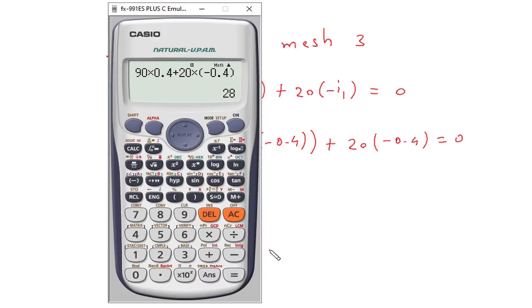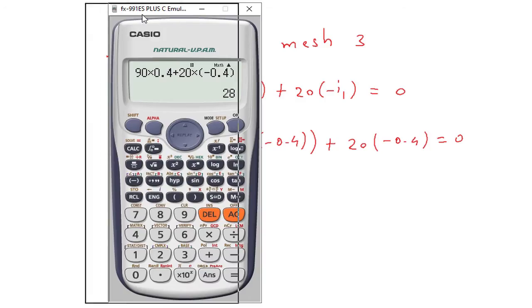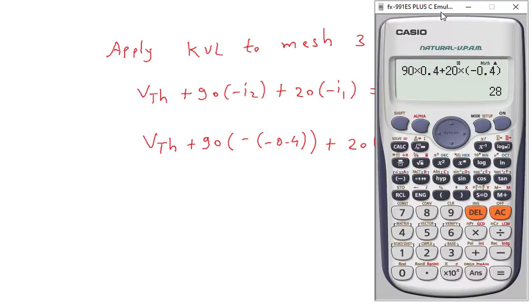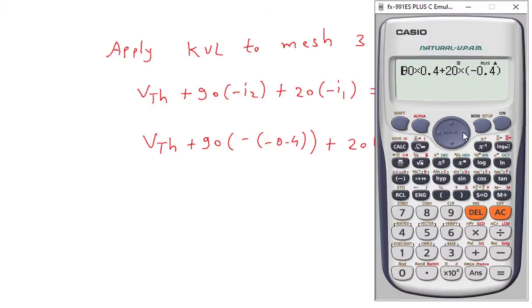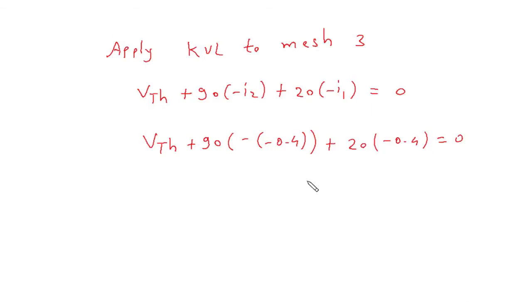So this will be 90 into 0.4 plus 20 into minus 0.4. So this is VTH plus 28 is equal to 0. Therefore VTH is equal to minus 28 volt.